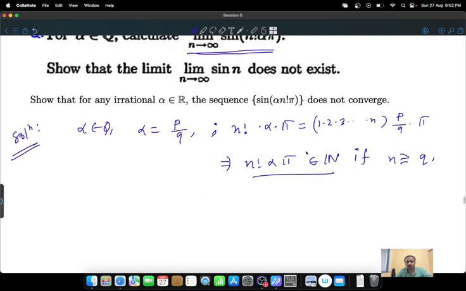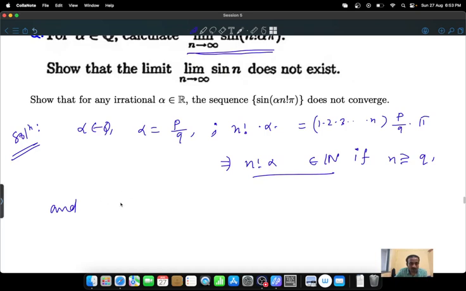And once, that should not include pi. Yeah, so that holds if n is greater than or equal to q, and you already know now that convergence of a sequence is not affected if you just rearrange or change the values of finitely many terms, which follows obviously from its definition, right?